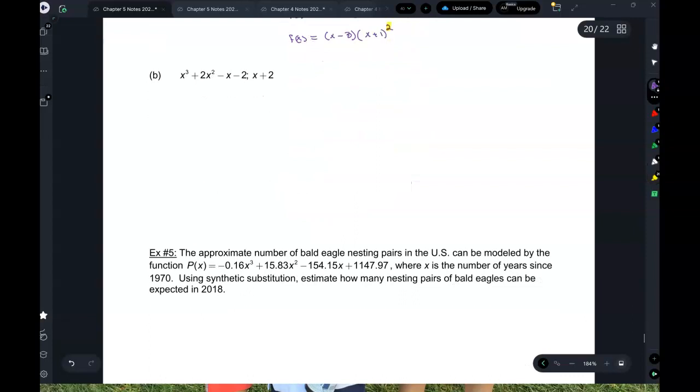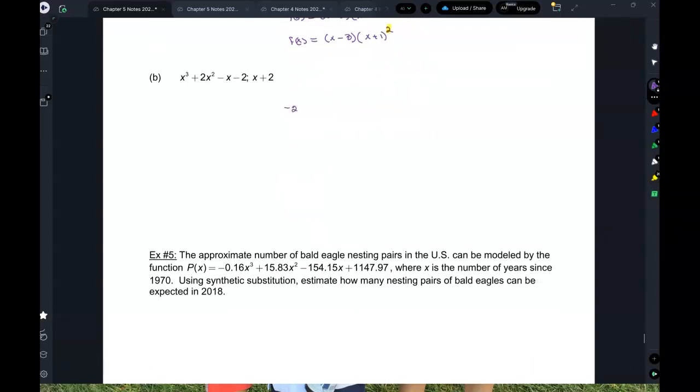Okay, so take a look at this one. So we have -2 out here. 1, 2, -1, -2. Okay, so 1 comes down, -2. Ooh, 0, plot twist. 0, -1, 2, I get 0 remainder.